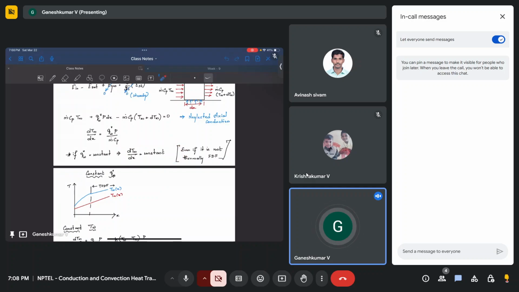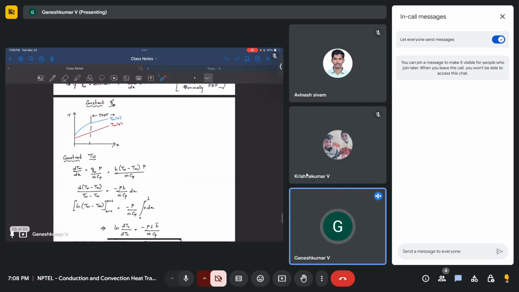So even if this is not a thermally fully developed flow, if you simply say that heat flux is constant, then dTm by dx is constant. And this is how a typical temperature profile would look, just for your understanding.